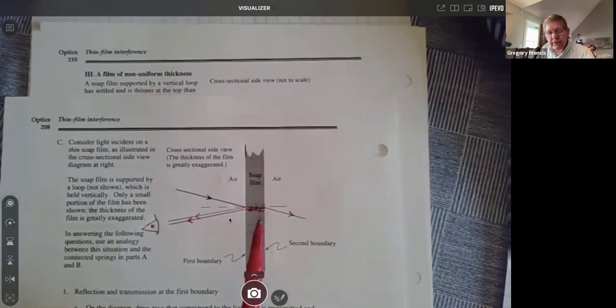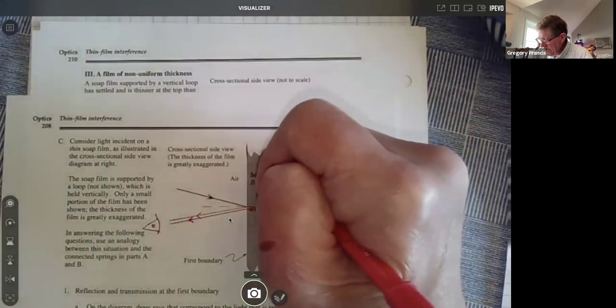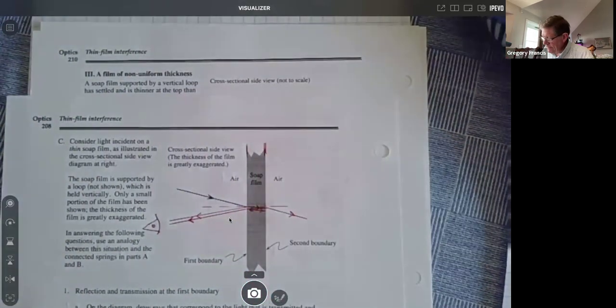Now, the ray that goes into the soap and bounces back from the second surface has to go through the soap once to get to the back side, and then once again to get back to the front side.